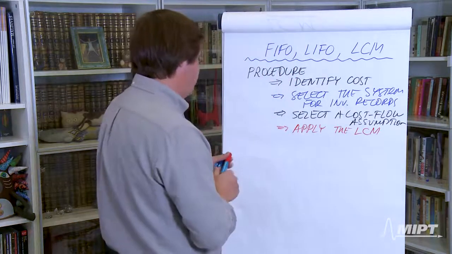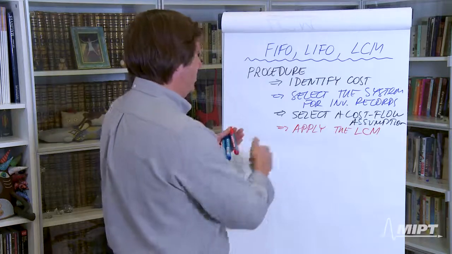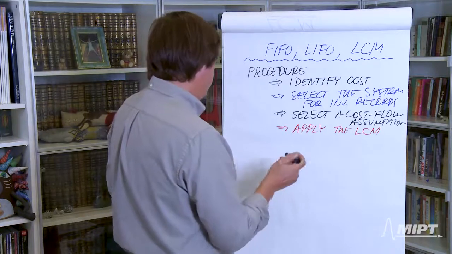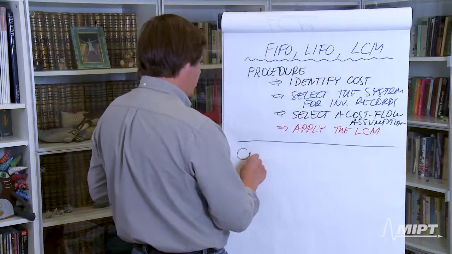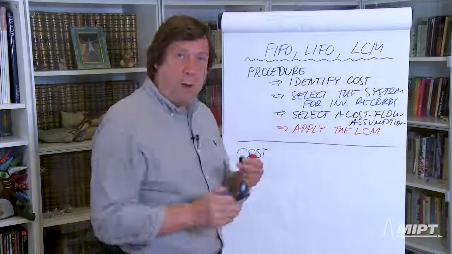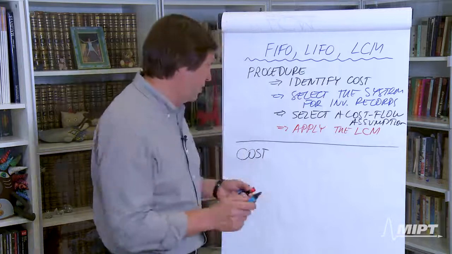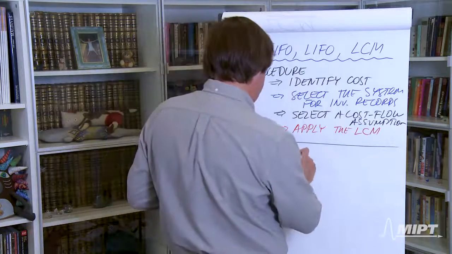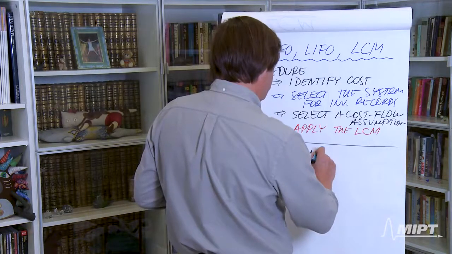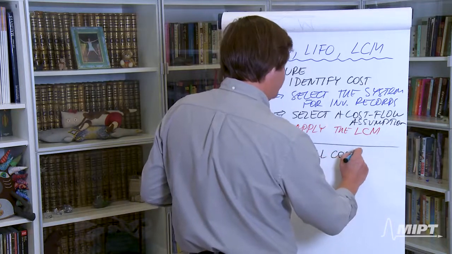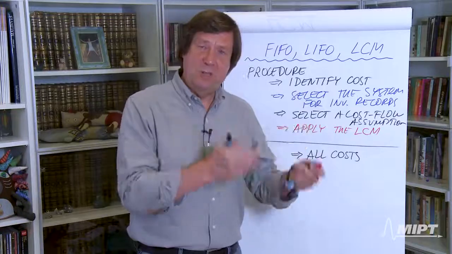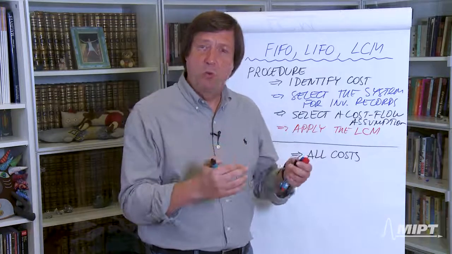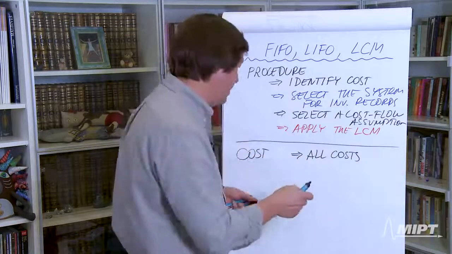Well, that seems sort of generic, so I will delve a little bit deeper so that you will see what's going on here. First of all, let's start with the cost. We have to properly identify the cost of inventory, and that means that, first of all, we have to include all costs, and that goes with insurance, with transportation, with some other components, not only the purchase price.